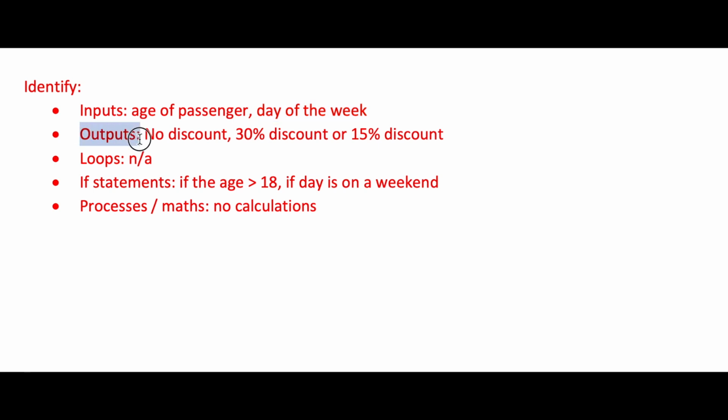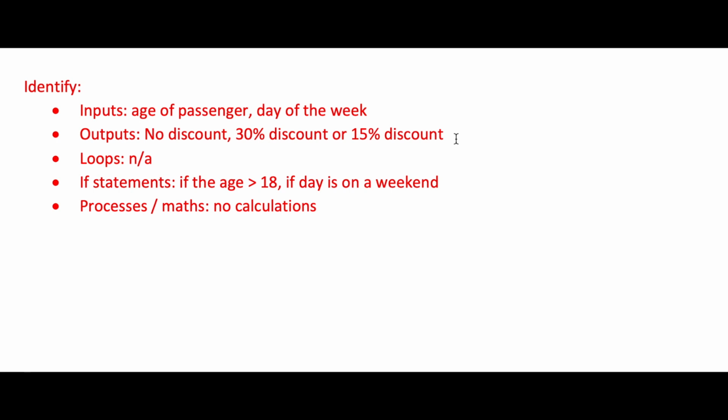What outputs should the flowchart give us? It should stipulate whether no discount is to be issued, or a 30% discount, or a 15% discount. Notice that the exam question does not ask us to do any calculations.